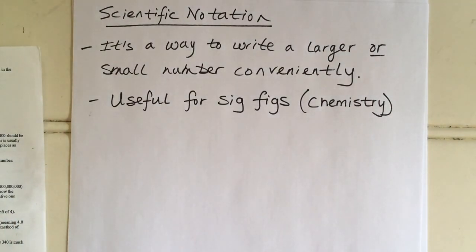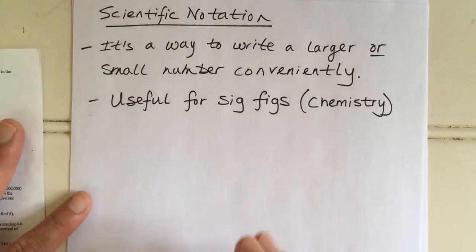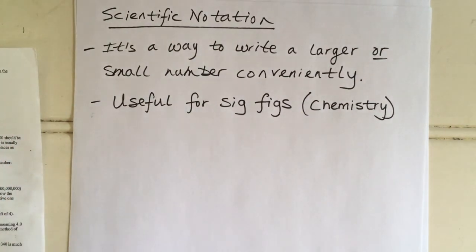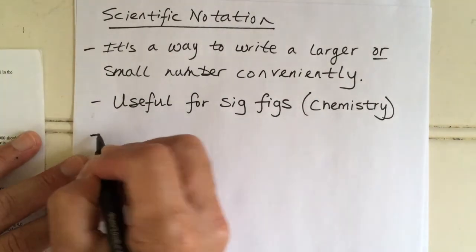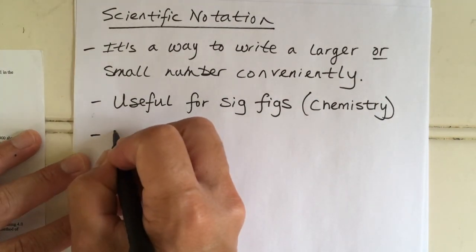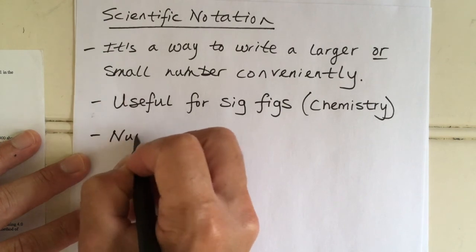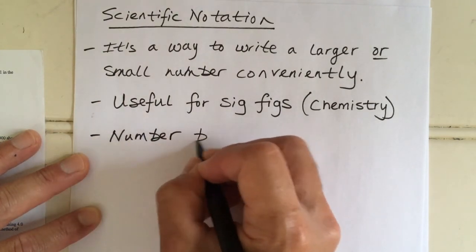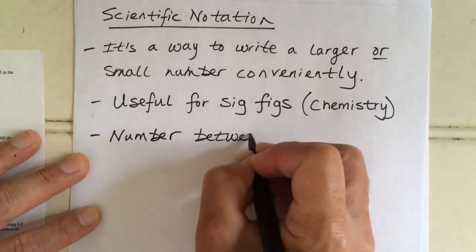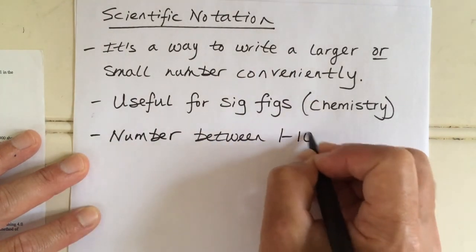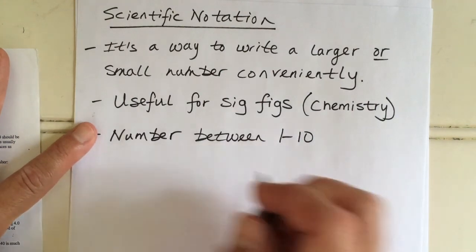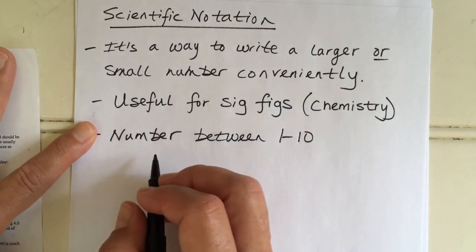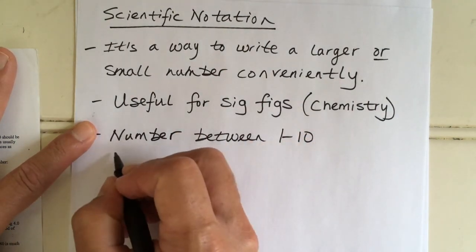And so we get these numbers written in scientific notation that we need to be able to interpret. So what is scientific notation? Well, it is a number between 1 and 10 multiplied by 10 to some exponent.